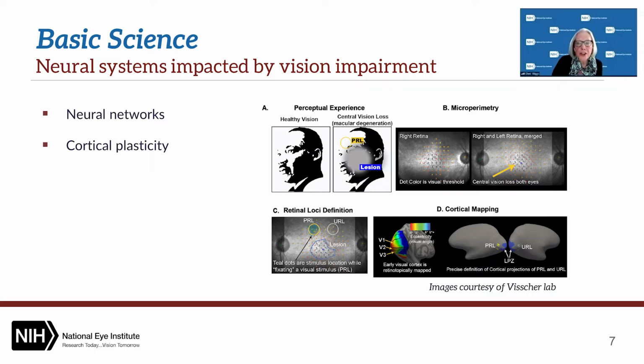Our NEI project examined the neural networks in patients with macular degeneration. And in order to get the cortical connectivity data, the project mapped retinal lesions to the cortex to get really precise estimates of plasticity in the adult human brain.